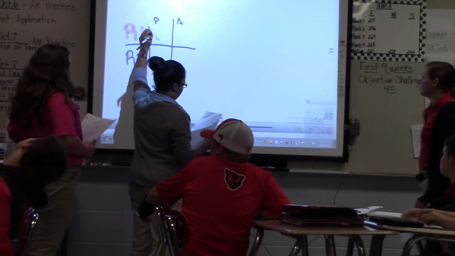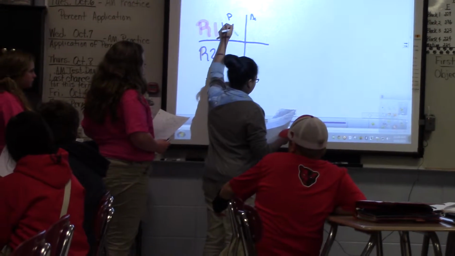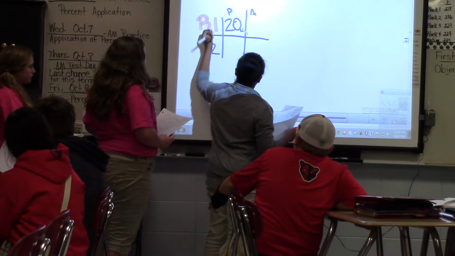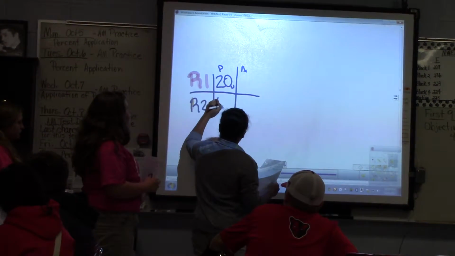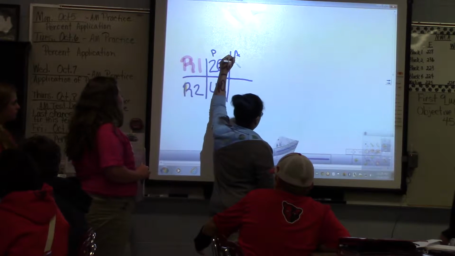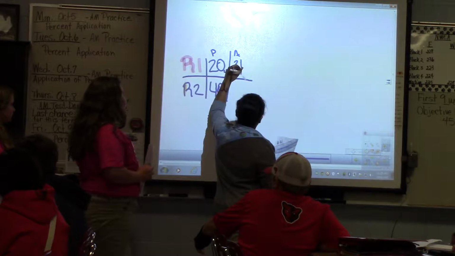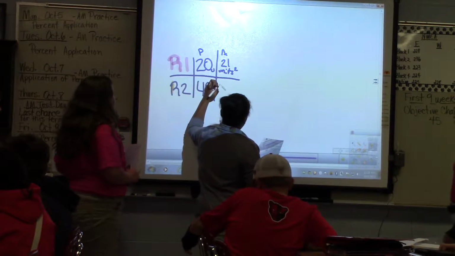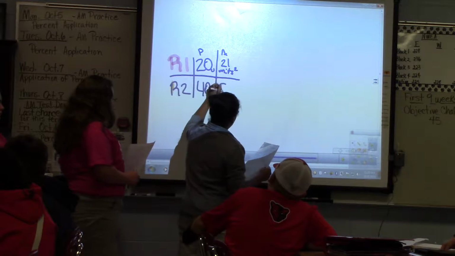So for the first one, the perimeter was 20 units. And for the second one, it was 40 units. For the area, it was 21 units squared. And for the second rectangle, it was 84 units squared.